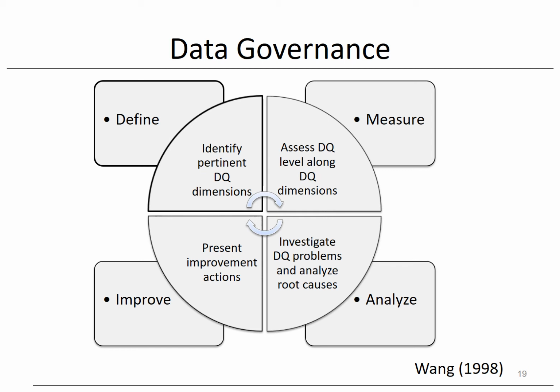Some example metrics are the percentage of customer records with incorrect address, accuracy, the percentage of customer records with missing birth date, completeness, or an indicator specifying when customer data was last updated, timeliness. The analyze step tries to identify the root cause for the diagnosed data quality problems.